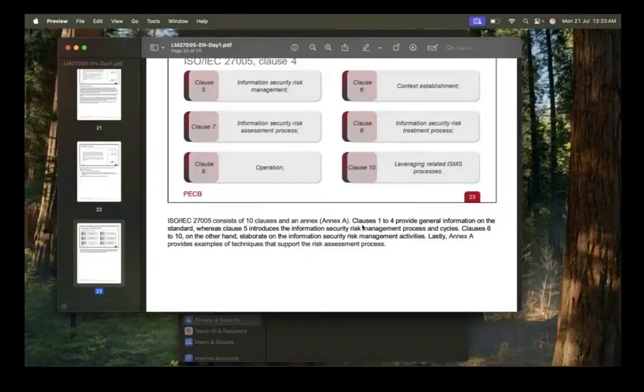Clauses 6 to 10 elaborate on the information security risk management activities. And other than these 10 clauses, it has an annexure which provides examples of techniques that support these processes that we analyze and assess and find the treatment for in the clauses.